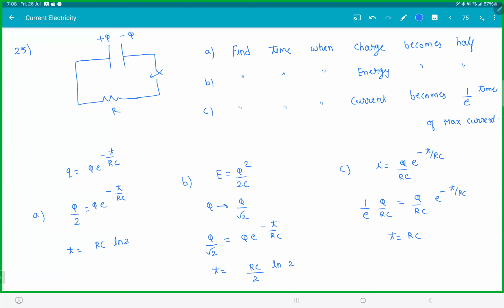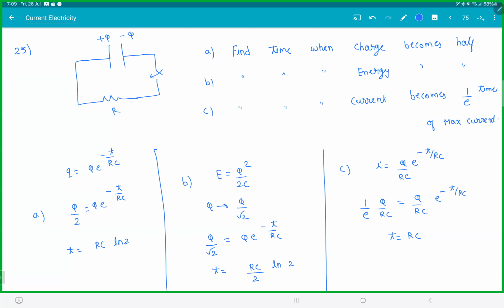You can calculate the ln 2 value. Ln 2 was how much? 0.693 something. So you can round it off, 0.35 RC. Easy. This would be mostly a mains level or a BITS level question.